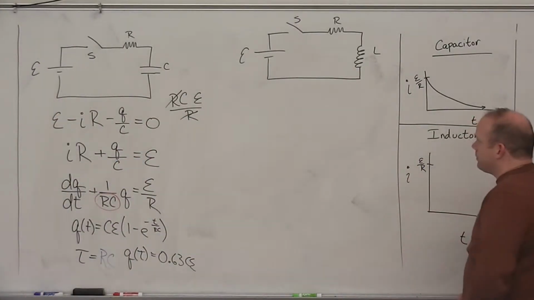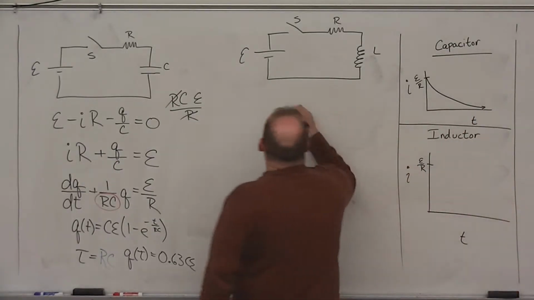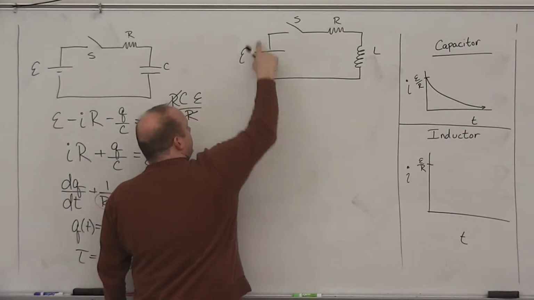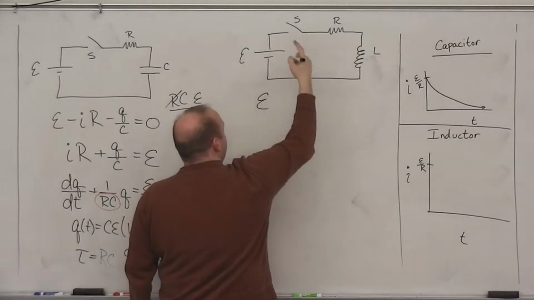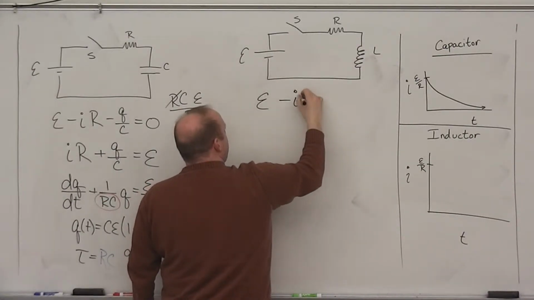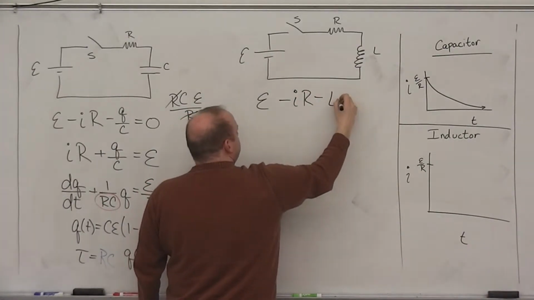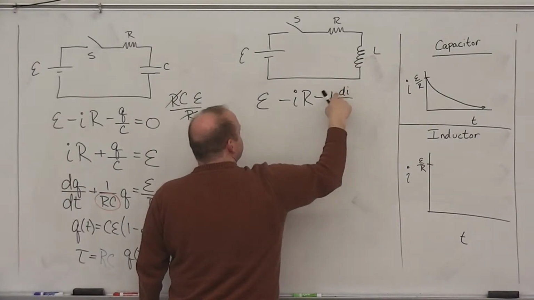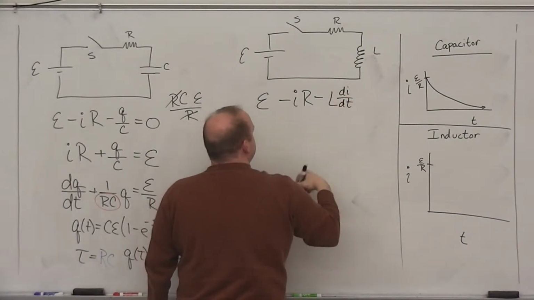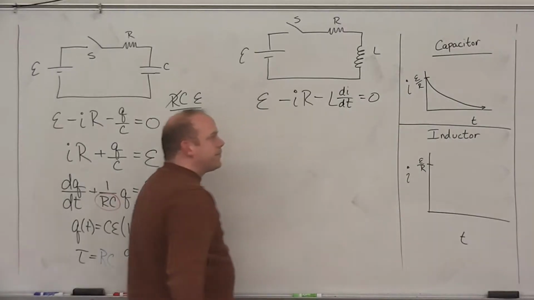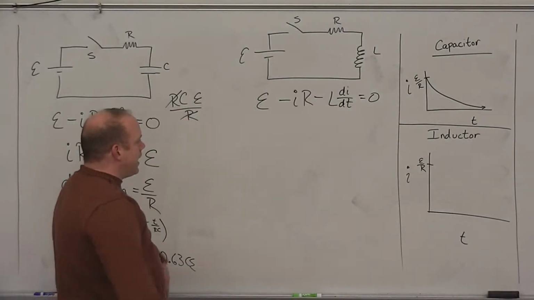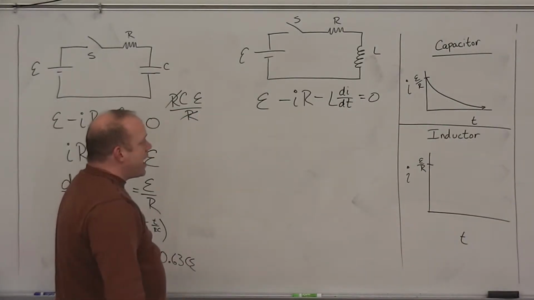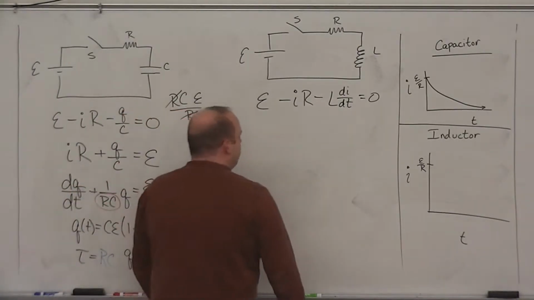Okay, with the inductor. The voltage across the battery is E. The switch is closed, so now I've got my minus IR. And the last video we watched was L di/dt. That all equals 0. So again, I'm going to rearrange. I'm going to put di/dt all the way over to the left.